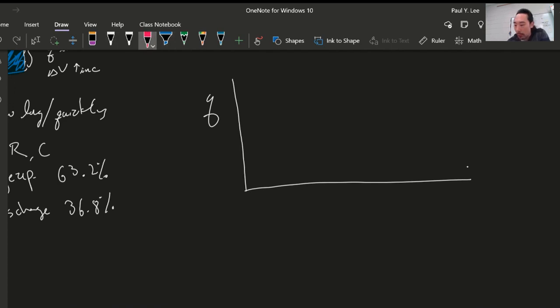Let's do a charge up. We have 1 tau here. We can call this 2 tau, 3 tau, 4 tau, and 5 tau. What that shows you is that 1 tau right here is at 63% of Q max.